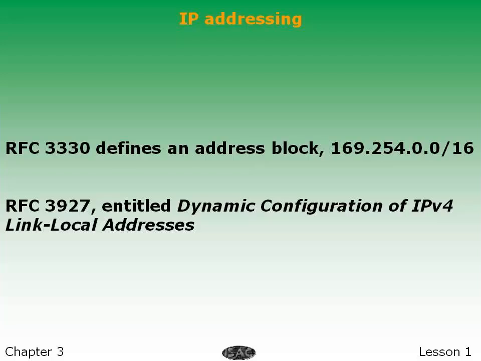These addresses are only valid on the link, such as a local network segment or point-to-point connection that a host is connected to. These addresses are not routable and, like private addresses, cannot be the source or destination of packets traversing the internet.